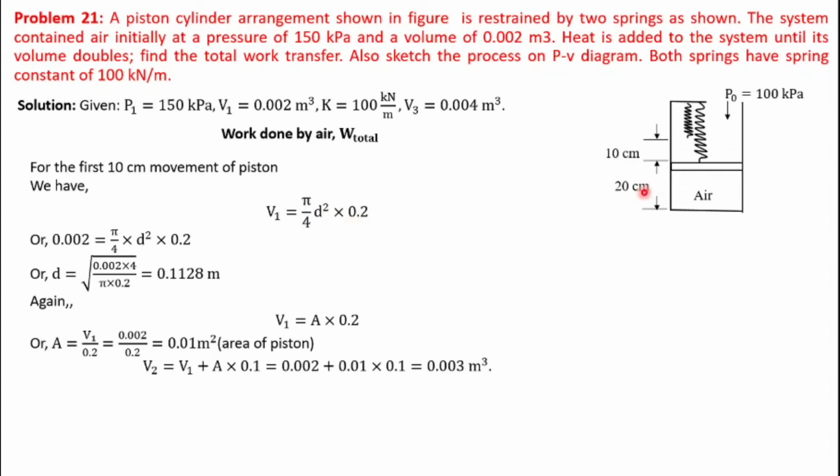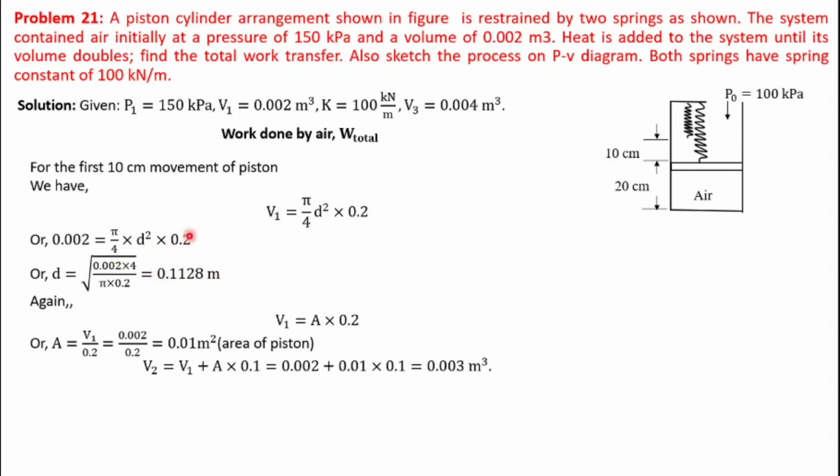Height is 0.2 meter, which means 20 centimeter. Now put the value of V1, and pi by 4 d square into 0.2. From this we can calculate the diameter of the piston, and it comes to be this much.